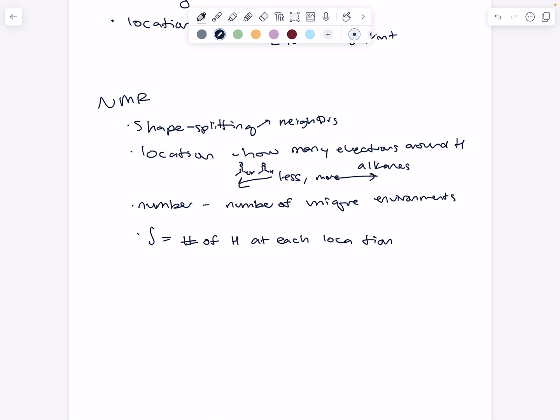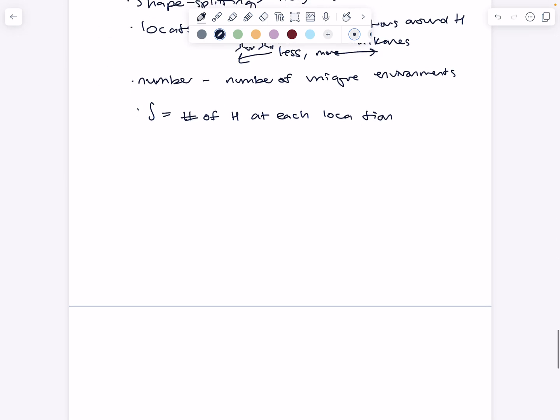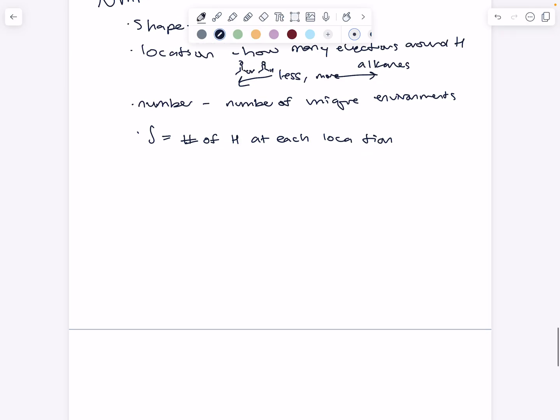Okay. And then you can do the same thing with Grignard reagents. So what did we learn?